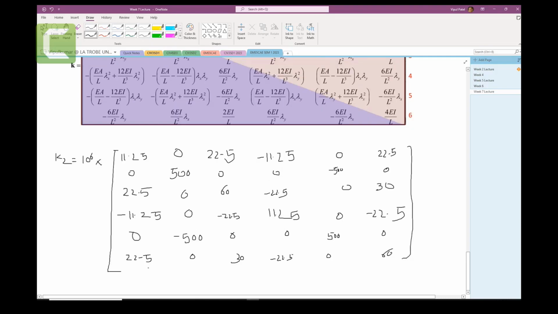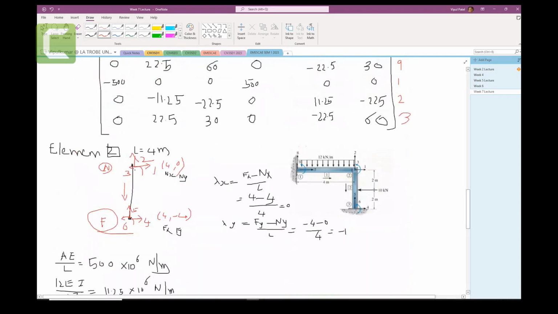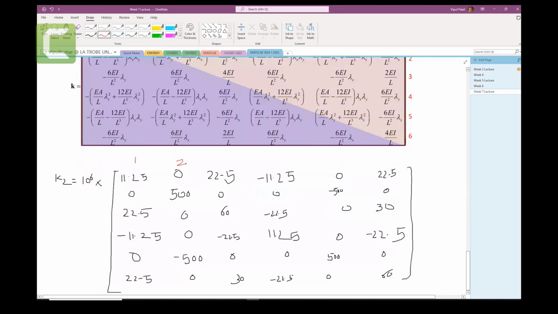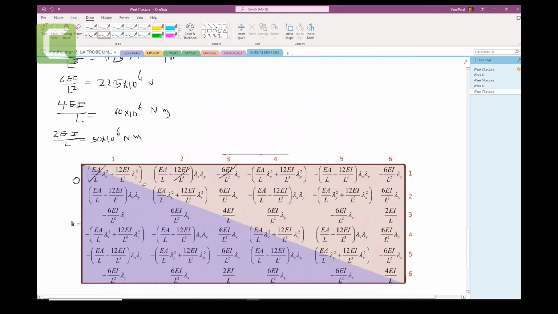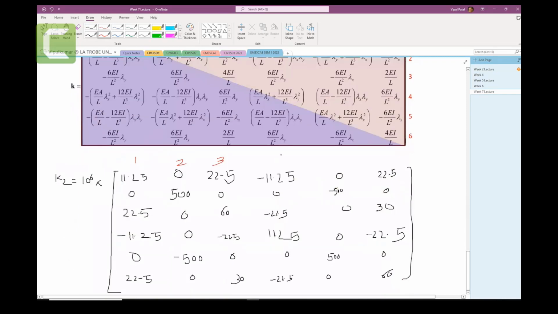All right, so now we can do the near node, far node business. Here you can see this is the near node, with 1, 2, and 3: X, Y, and rotation. You have 4, 5, and 6.